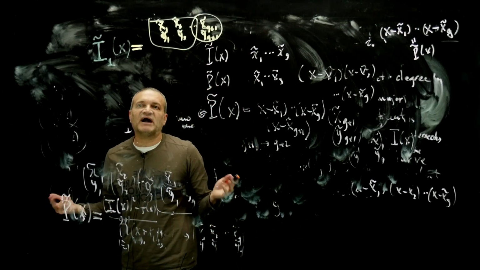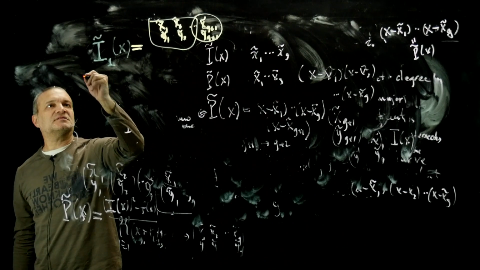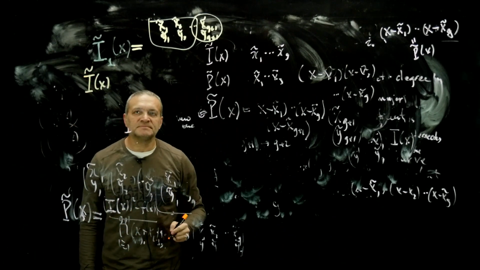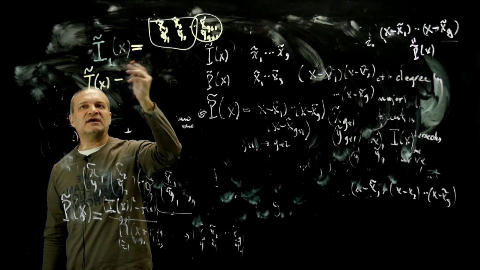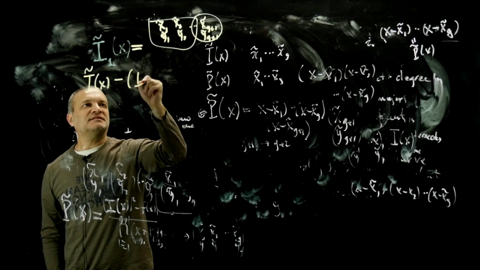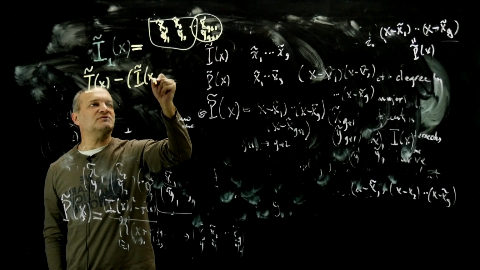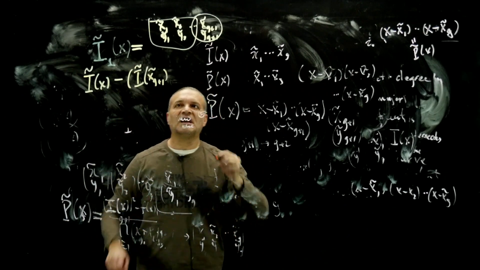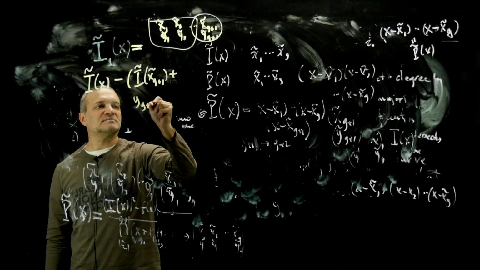So how do I define this I1 tilde from I tilde x? It's actually easy peasy. I'm taking this I tilde x that I have, and I'm going to subtract I tilde at the point xg plus 1 tilde. I don't know what this point is, so I'm going to subtract it. I'm going to add the value yg plus 1 tilde.